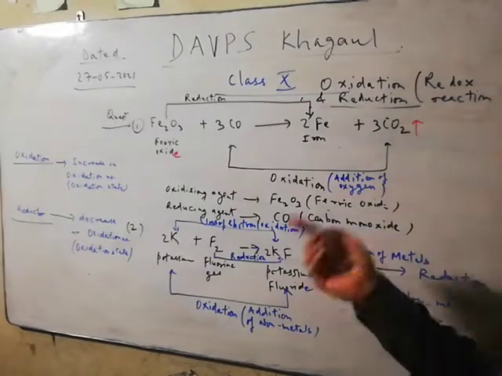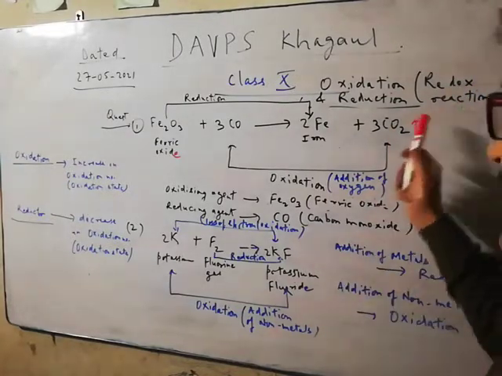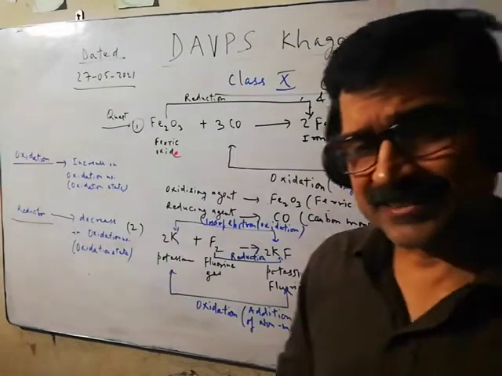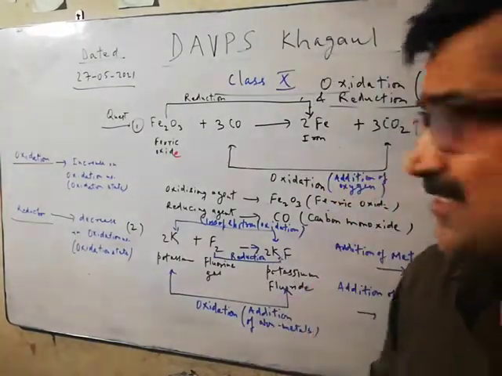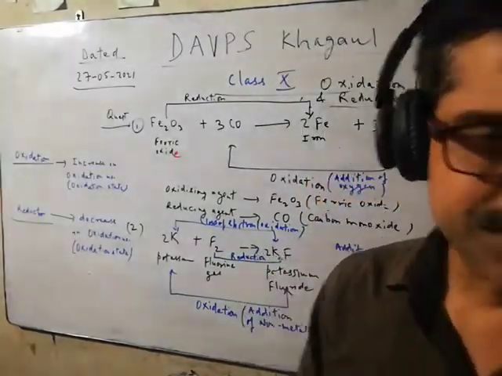So which type of reaction is that? Is it a redox reaction? Then where there is oxidation and where there is reduction, that we have to decide.